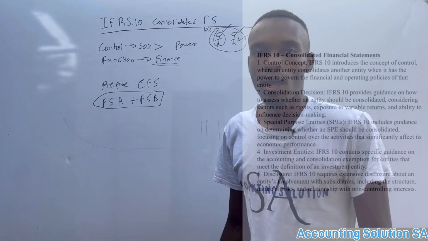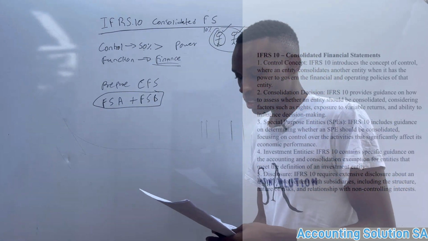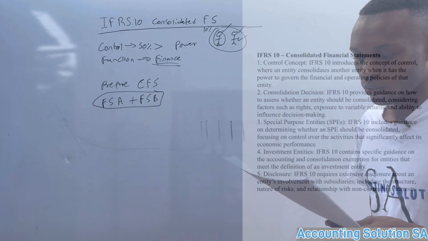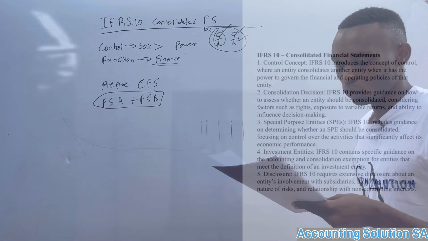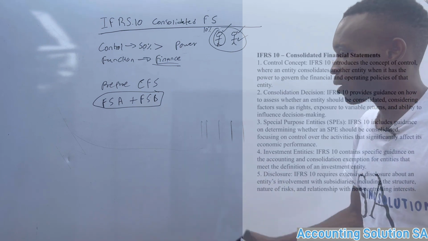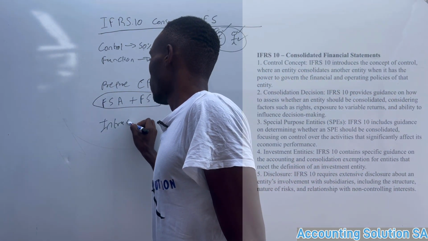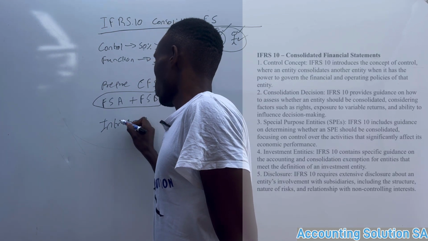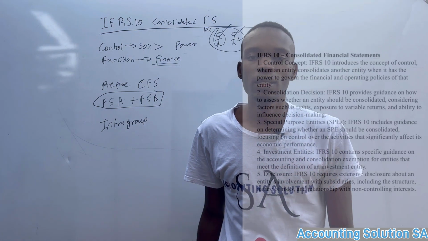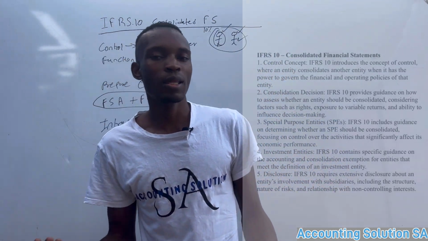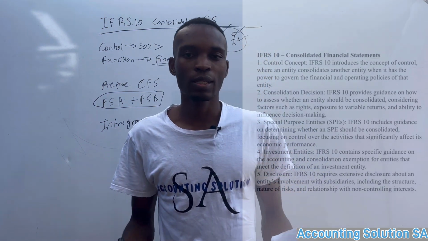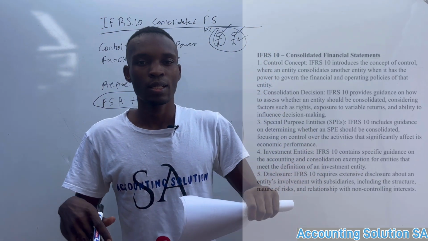Okay. Now, the second step that you need to know is the issue of intragroup. When we talk about intragroup, we are talking about a transaction that happened inside the group.